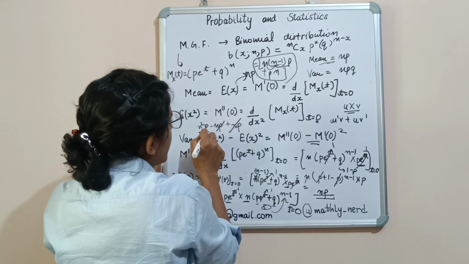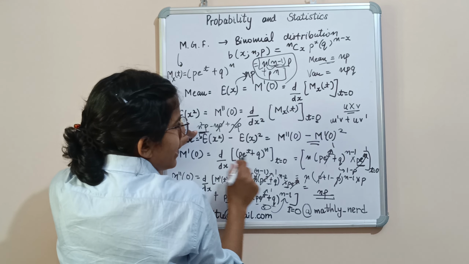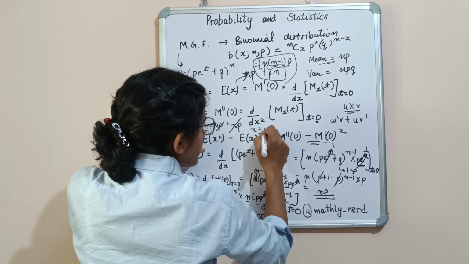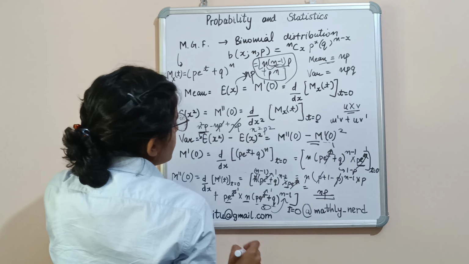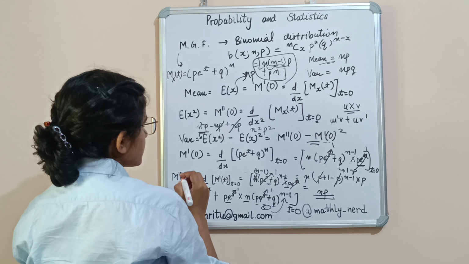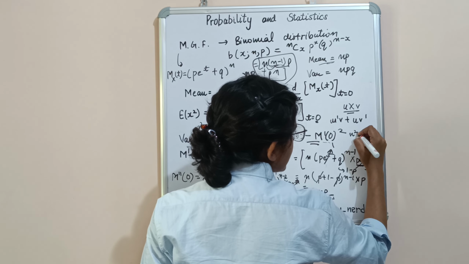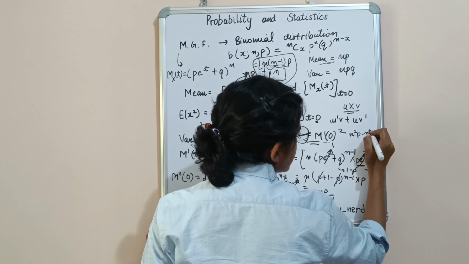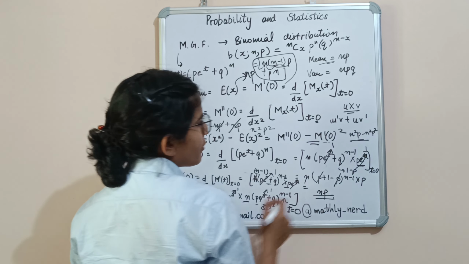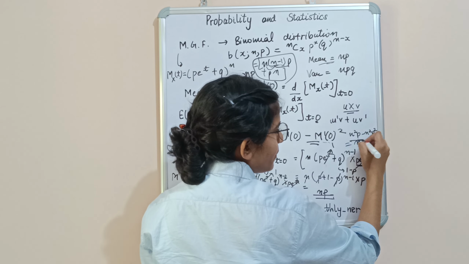So the value for M double dash 0 is this, and now the value for M dash squared will be n squared p squared. So this is n squared p minus n squared p squared, and we can write this as n squared p minus n squared p squared. So this is our value for variance, and if we solve this afterwards, we will get npq.